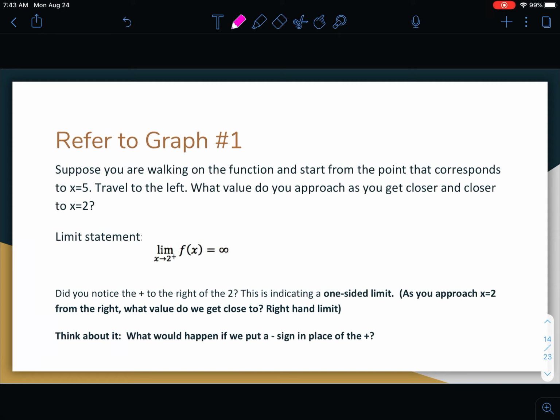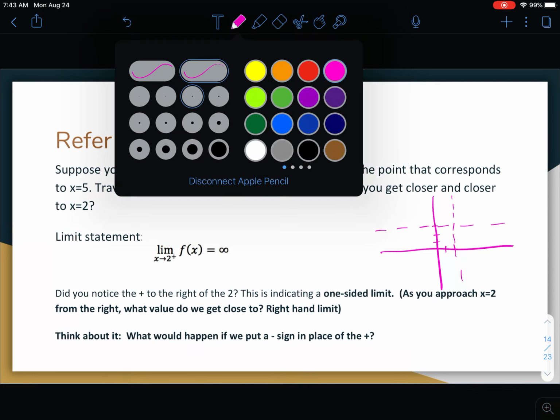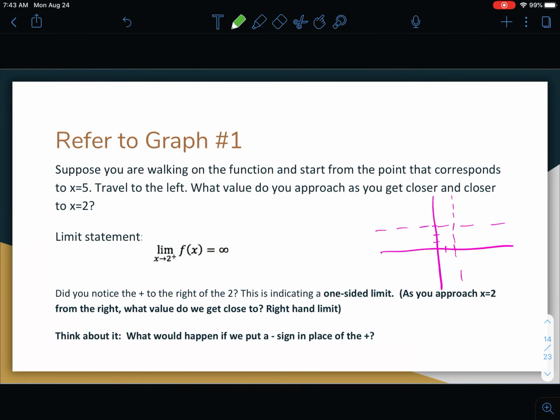So again, if we're thinking about that graph, and let me just take a peek here on my slides. Okay, instead of flinging you back and forth here. So if we think about that graph, we have the horizontal asymptote here at 3, the vertical asymptote here at +2, and then you had your 2 branches that looked like this and this.